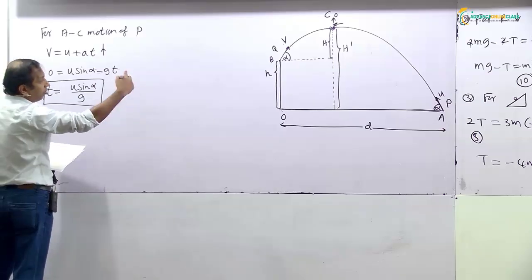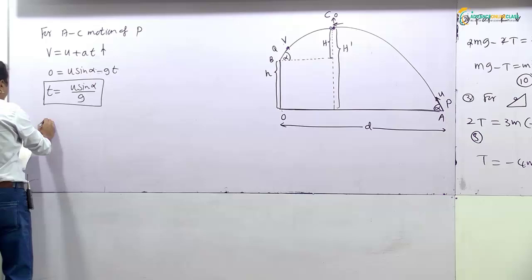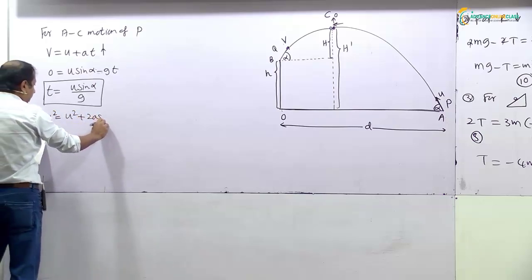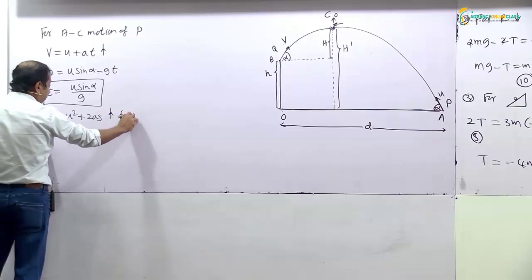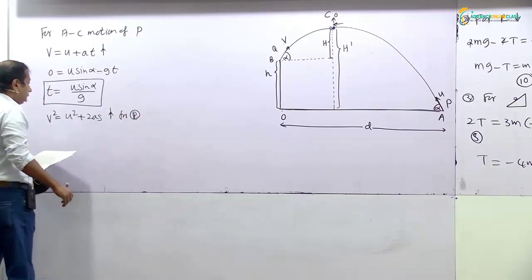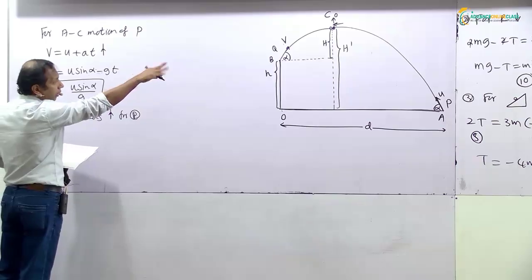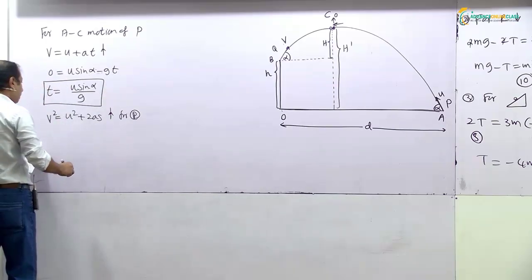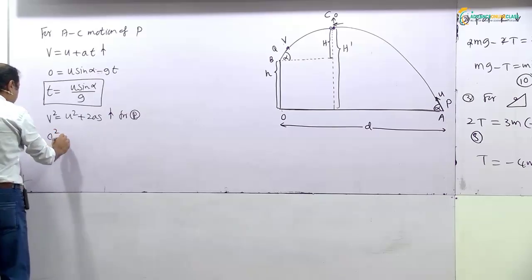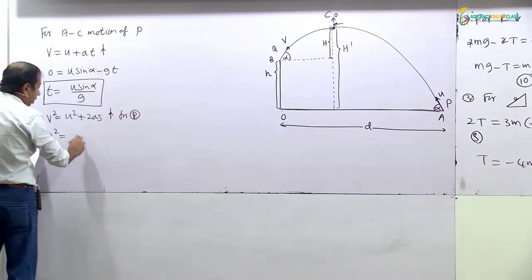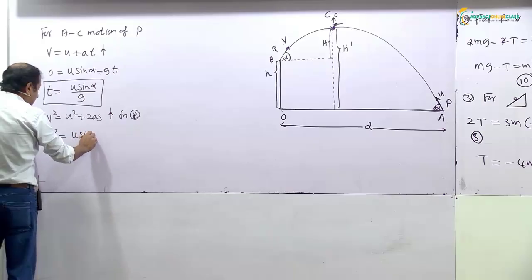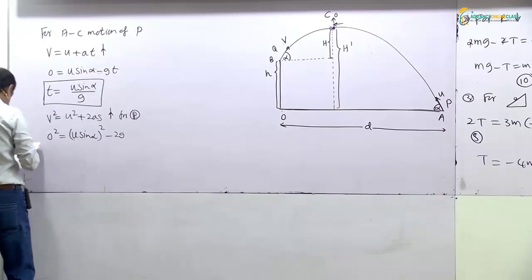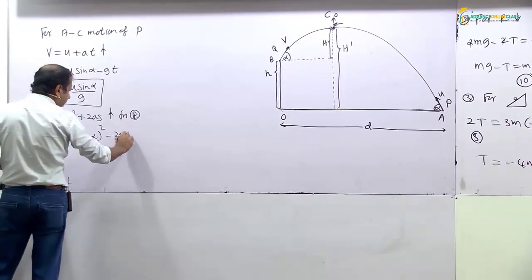Now for the same AC motion, we apply v squared equals u squared plus 2as upwards for P. At this point of collision, vertical velocity is 0. It is nothing but the maximum height. V is 0, u means u sin alpha, perfect squared, minus 2g h dash.